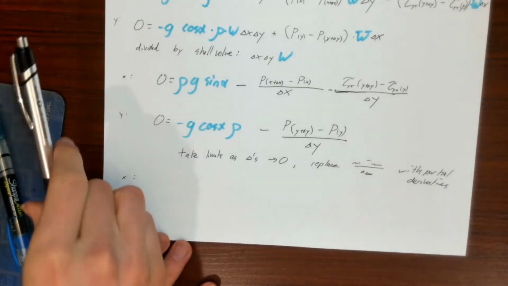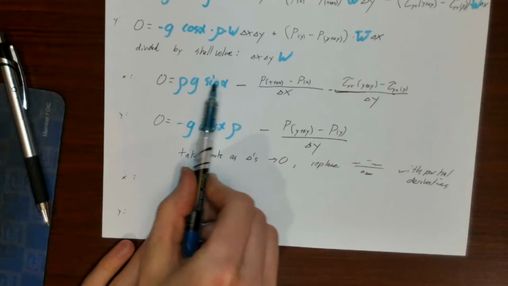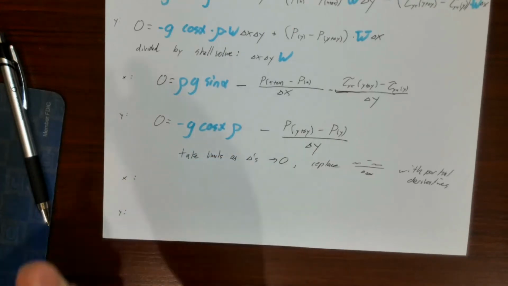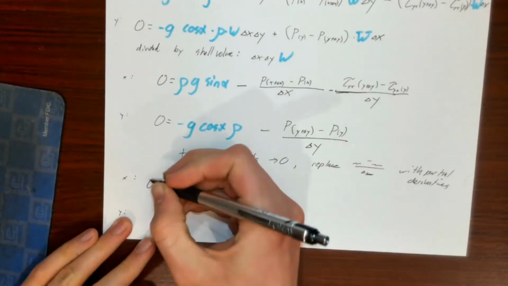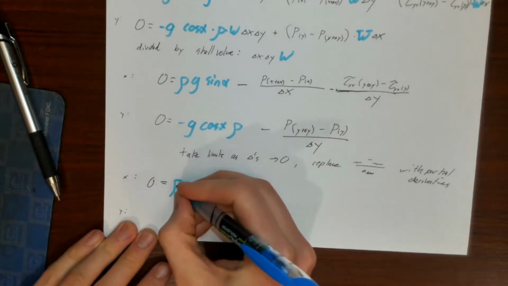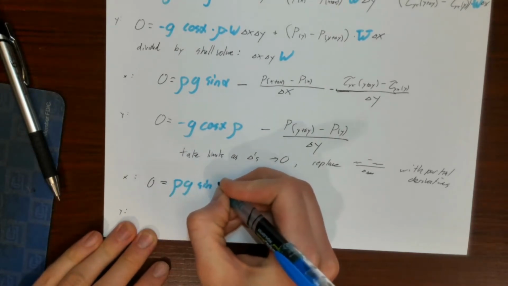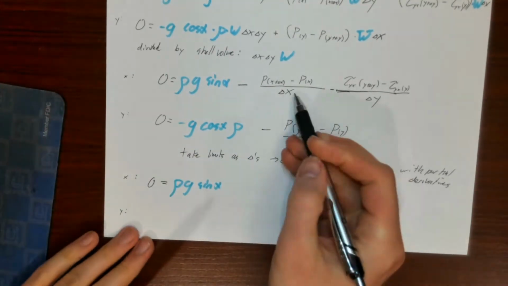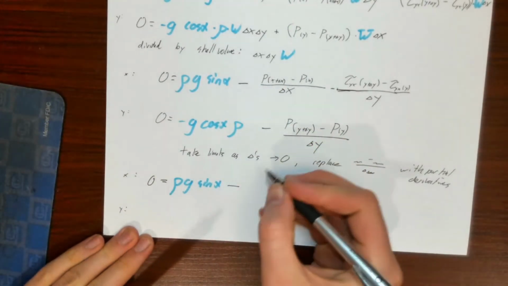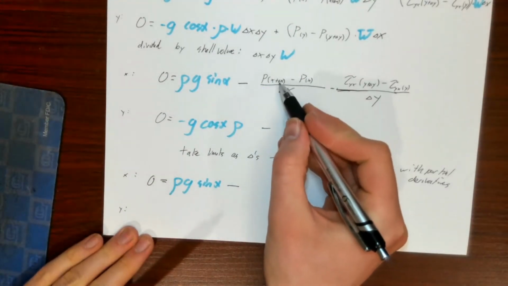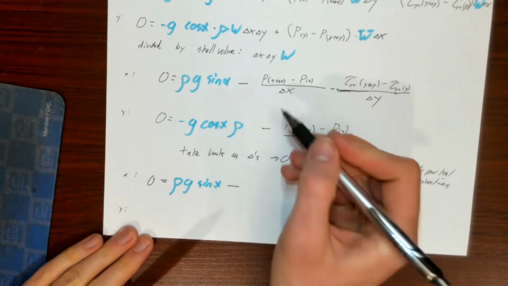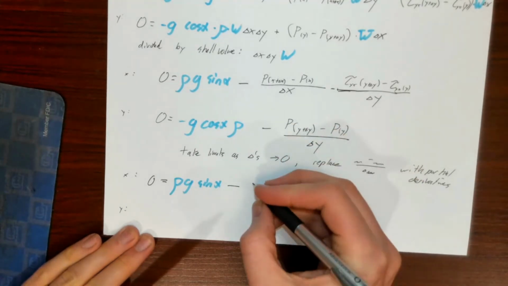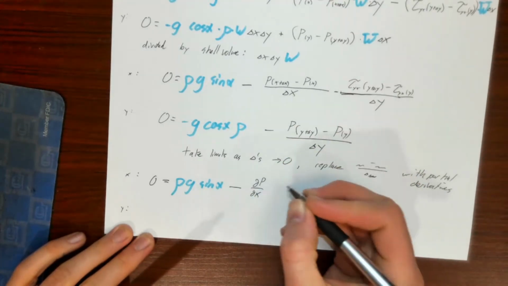So what is that going to look like for x and for y? Well, for x, this term is basically unaffected, so we still have 0 equals rho g sine alpha. This term, we have a minus right here. This first term is essentially a derivative of pressure with respect to x, so we get partial pressure, partial x.